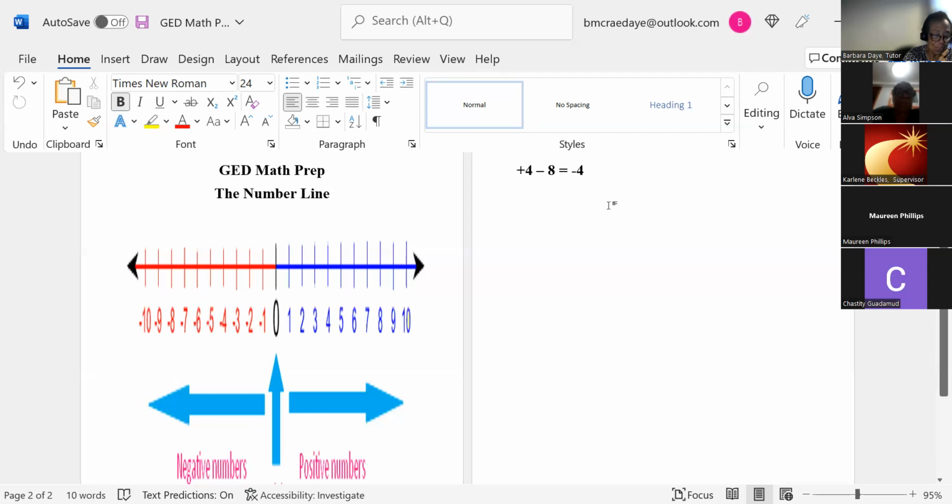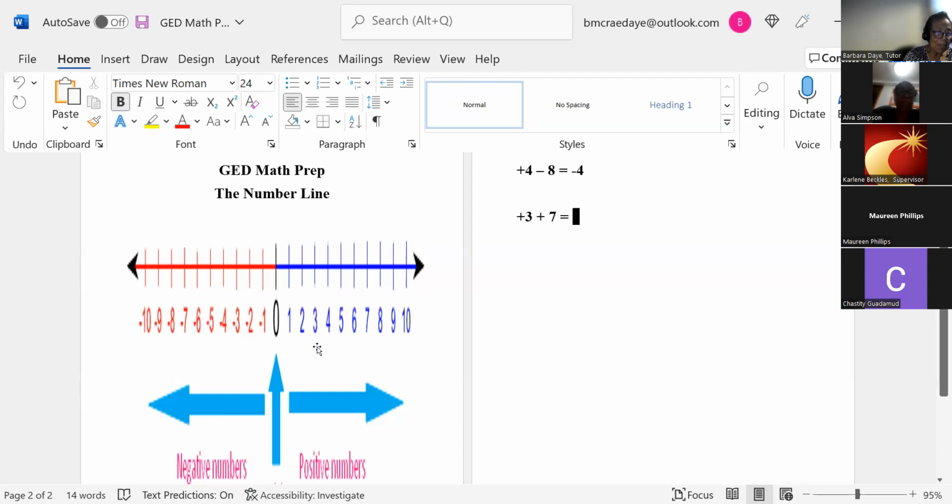And I want you to do this on the number line. Okay, you got a +3 and a +7. So start with the 3, count over 7 places, you're going to the right because it's all plus.